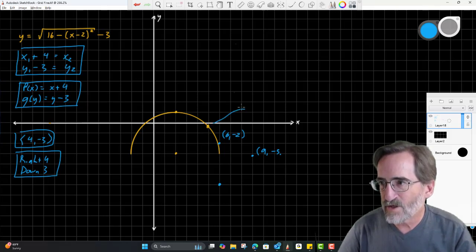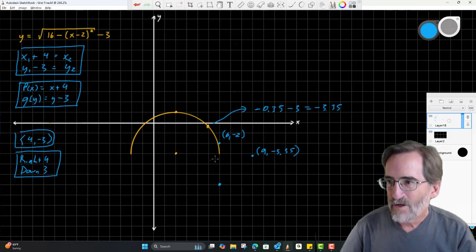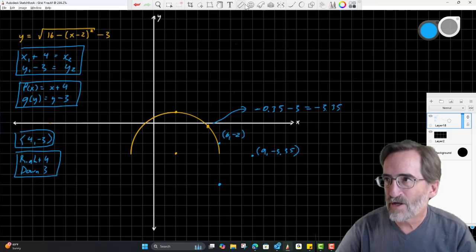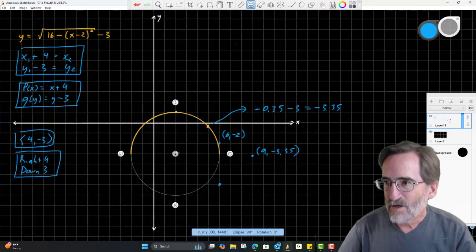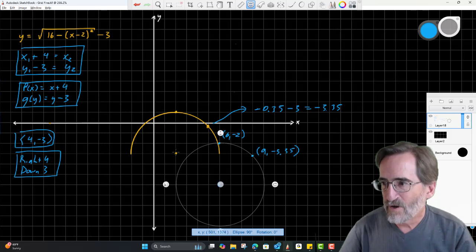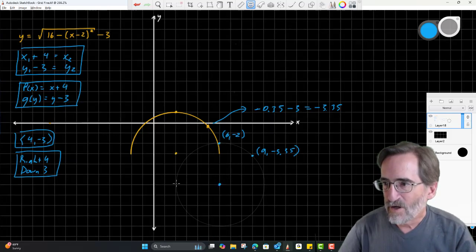So I take the y value, negative 0.35, and subtract 3 to get negative 3.35. And we get a circle here in the correct place. Same diameter, and it gets moved down here.